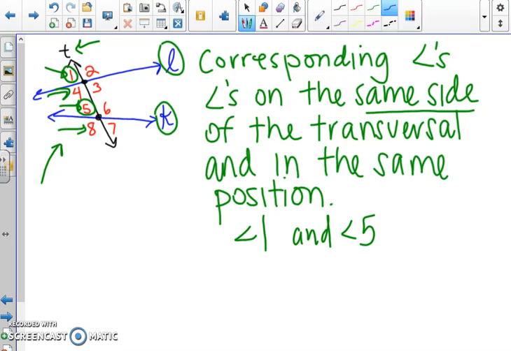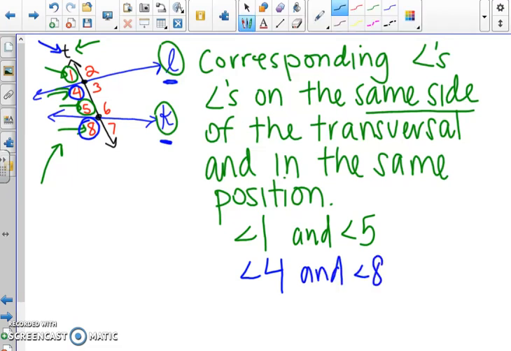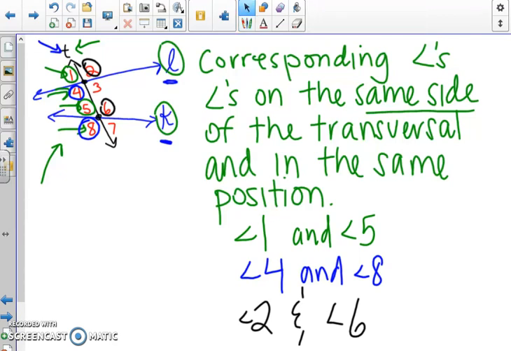Similarly, we could think about the angles on the left side of the transversal, but underneath each line. So underneath L, underneath K. On the left side underneath L, we have 4. On the left side underneath K, we have 8. So we have angle 4 and angle 8. Other pairs of corresponding angles in this picture are angle 2 and angle 6, and lastly we have angle 3 and angle 7.